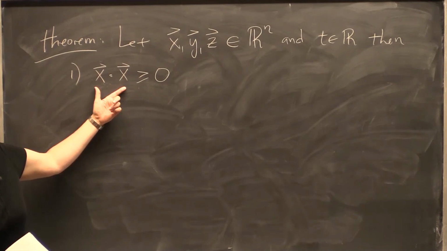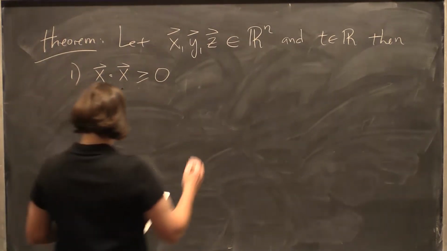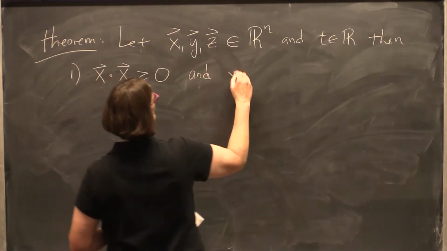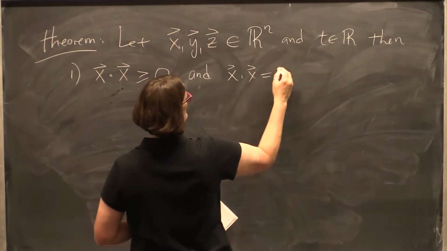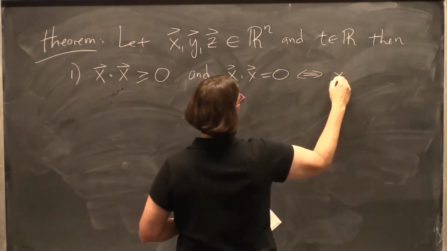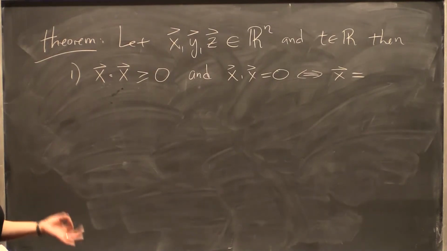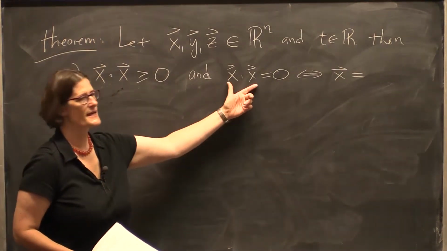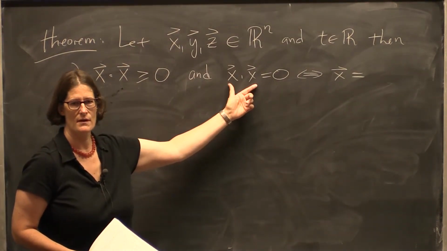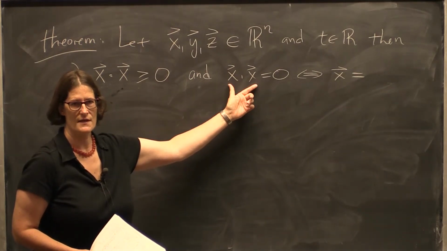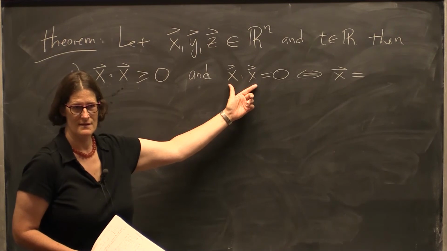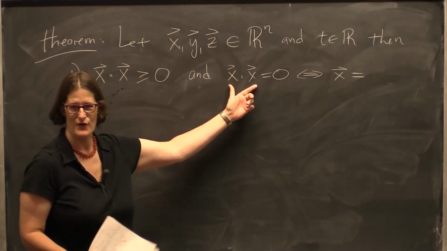And so if you add together a bunch of things that are greater than or equal to 0, it'll be greater than or equal to 0. And x dot x equals 0 if and only if x is the 0 vector. Because if you get 0 when you do that, that means that every single component squared is 0. Therefore, every component is 0.